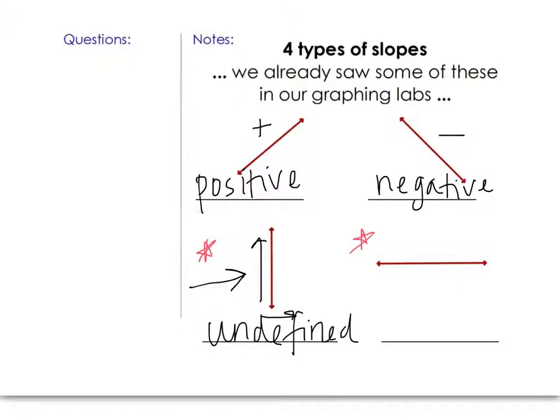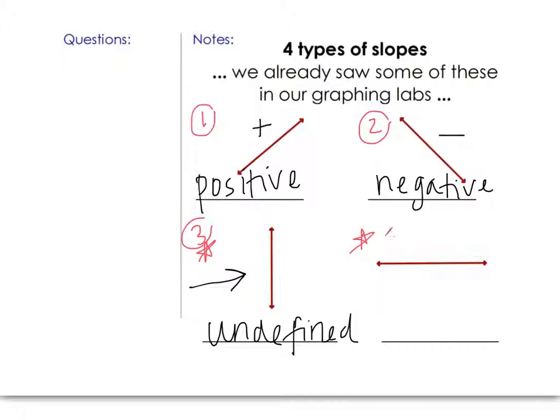It's undefined because I can't walk it. Think about walking your slopes. In this one, I'd be walking uphill. In my second one, I'd be walking downhill. Well, in my third one, I can't really walk that unless I'm Spider-Man. It's undefined. That's an F right there.